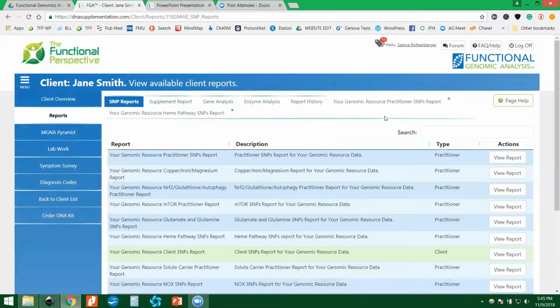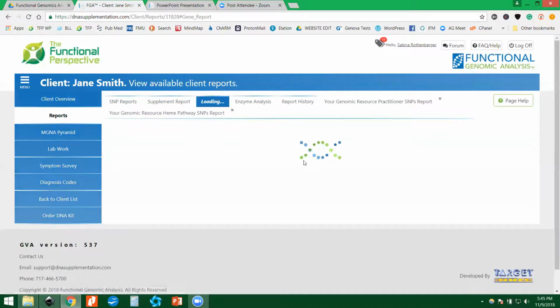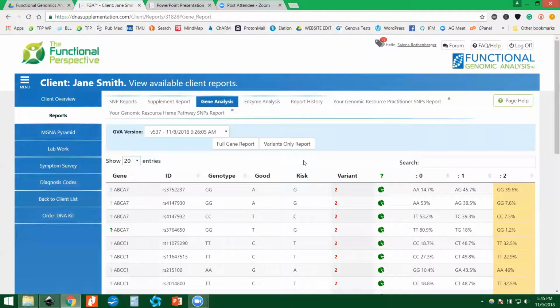Other than that, let's look at the entire gene analysis. This report here is basically the raw data. This is going to tell you, okay, here's where your SNPs are. And I'm pretty sure that the patients and clients get this automatically once their sample comes back.